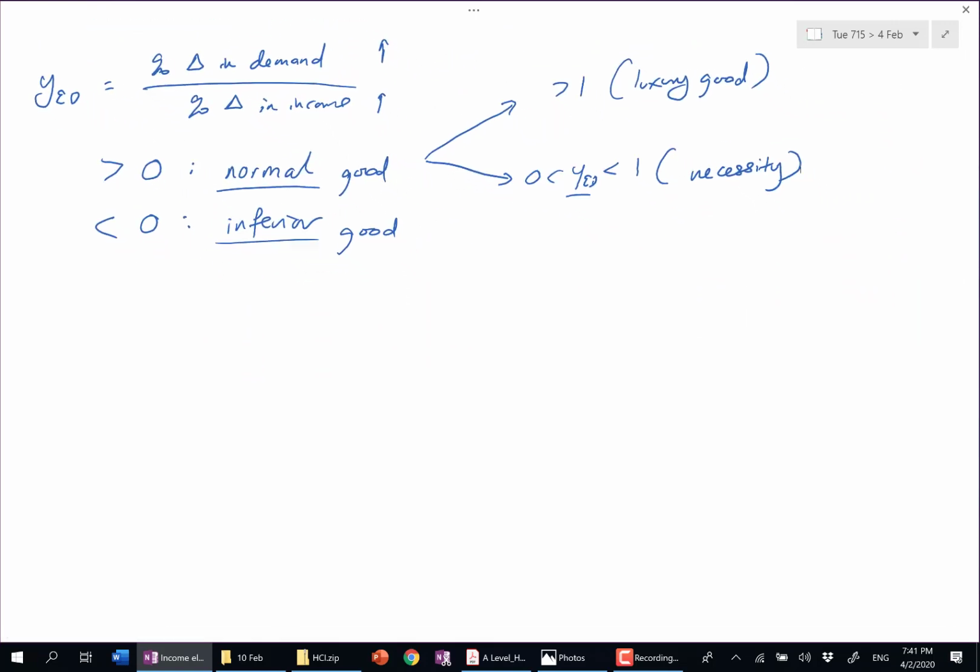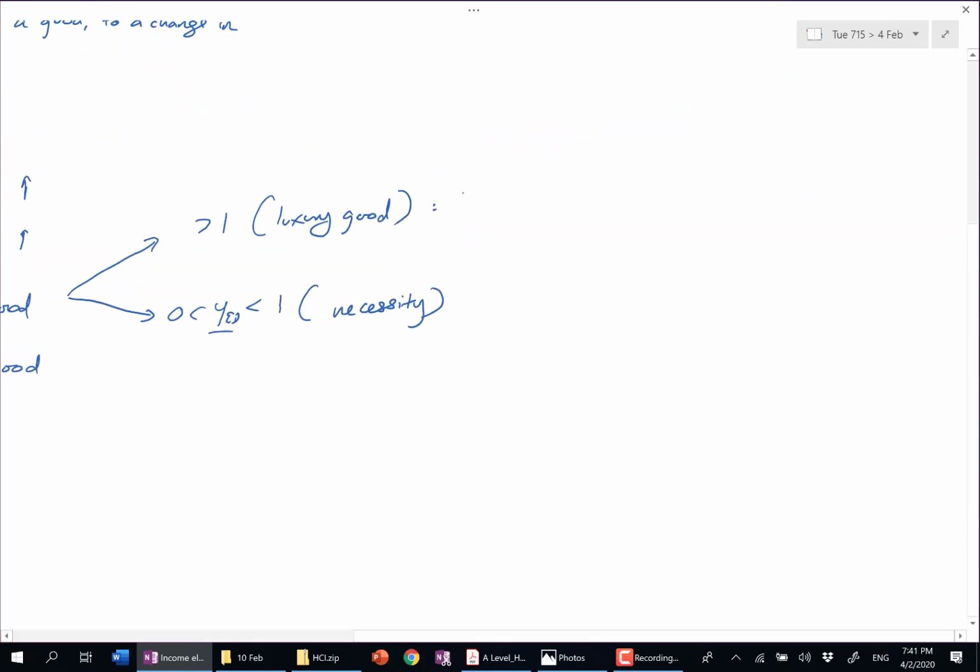So what this is telling us is that if income rises by, let's say, 10%, our demand for luxuries will increase by more than 10%, like 12%, 20%, 30%.